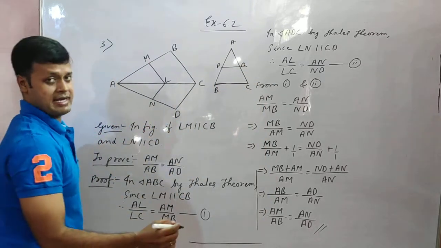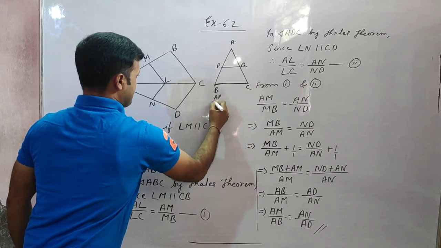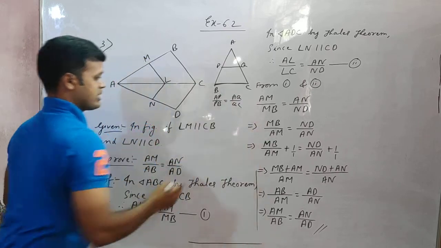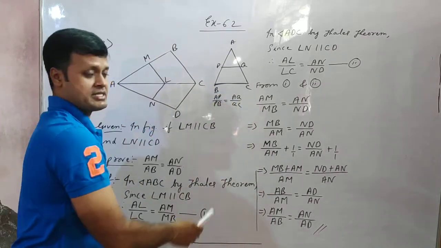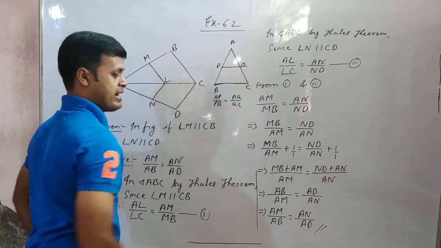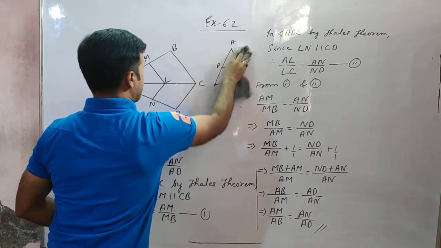If PQ is parallel to BC, students, then we can write AP by PB is equal to AQ by QC. We can write or not? So in the same way, students, we are writing here.